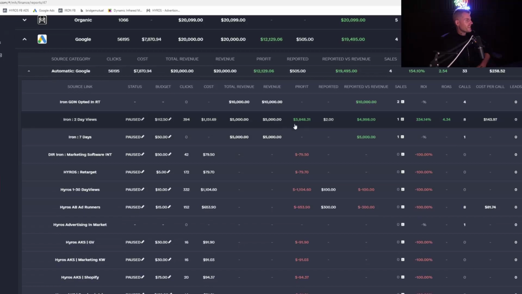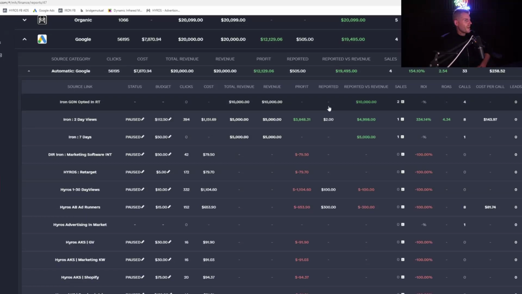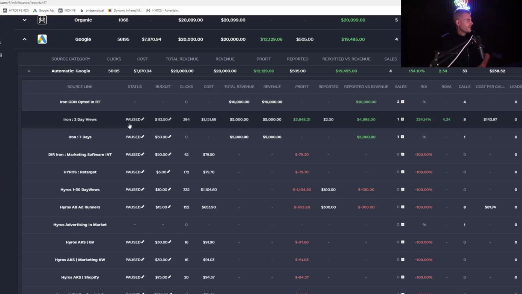If we go and look at these ad campaigns right here, let's just look at this ad campaign right here. Okay, let's go look at the cost. I spent $1,151. Very simply, because my calls are closed over the phone by a closer, I can't see the actual revenue. And here's the problem when you try to run call funnels based off anything other than revenue.